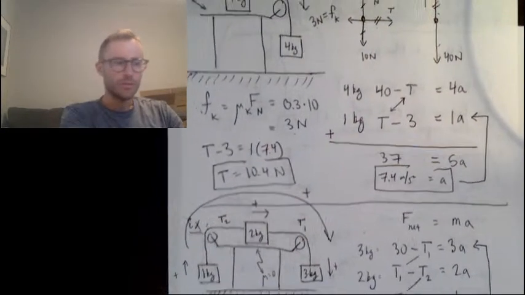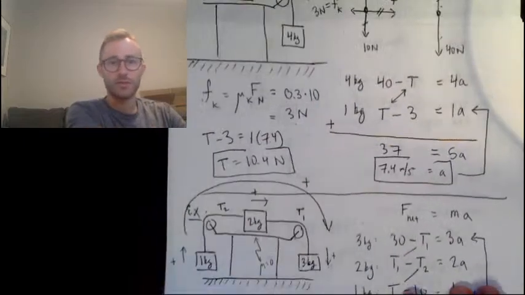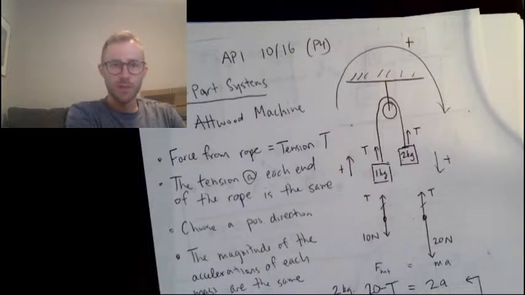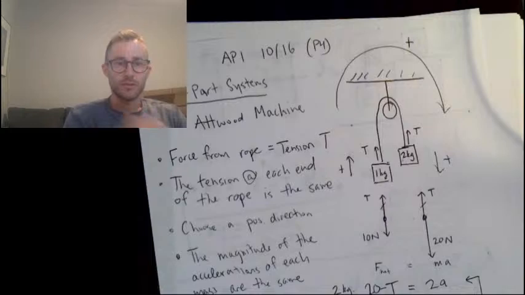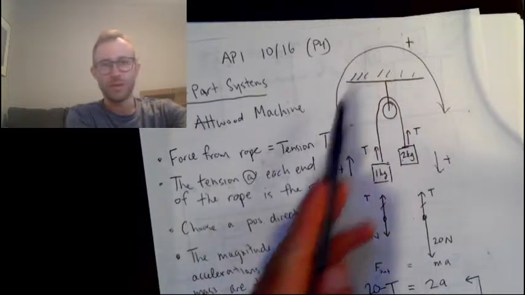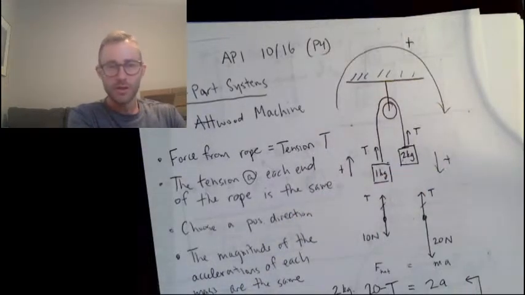So that's how these multi-part system problems work. This is an introduction to multi-part systems. We're only going to spend 1 day on it just in the interest of time. One thing that I do want to mention is that in these multi-part system questions, you can have some confusion where, if I made a really confusing multi-part system problem, it might not be obvious what direction the positive direction is.